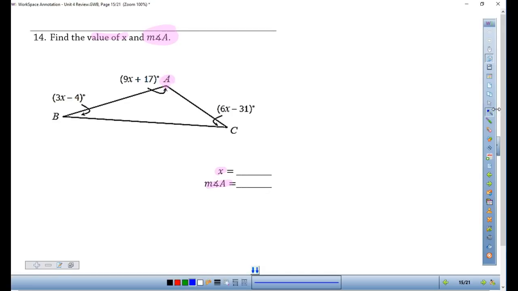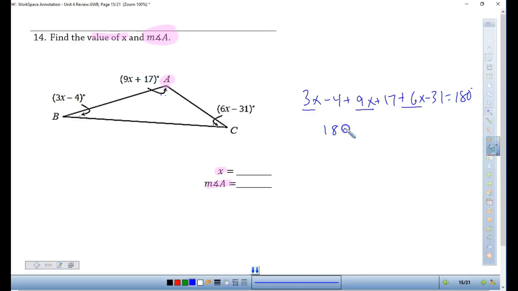So what we're given is three different angles inside a triangle. So we know that all three of these, if they're inside the same triangle, add up to 180. So 3x minus 4 plus 9x plus 17 plus 6x minus 31 equals 180. So combining like terms carefully, we've got 3x plus 9x, which is 12, plus 6 is 18x.